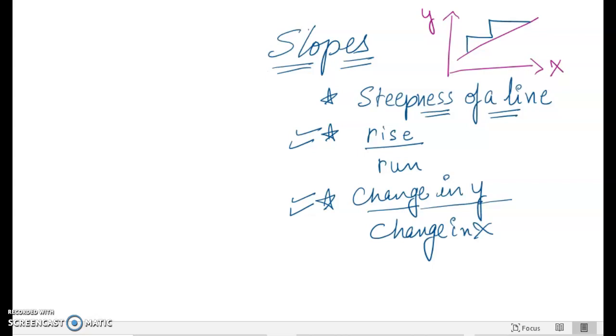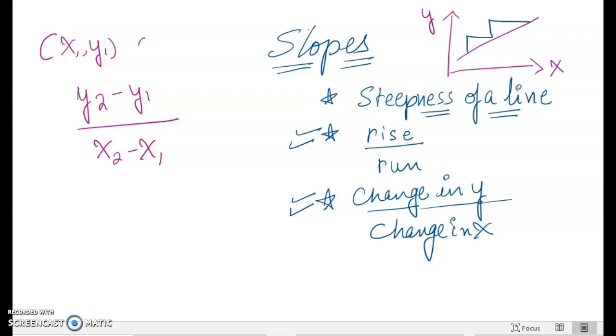How to find a slope? An easy way to find a slope is y2 minus y1 over x2 minus x1. Now what are y2, y1, x2 and x1? These are my coordinates. One set of the coordinate, another set of the coordinate.